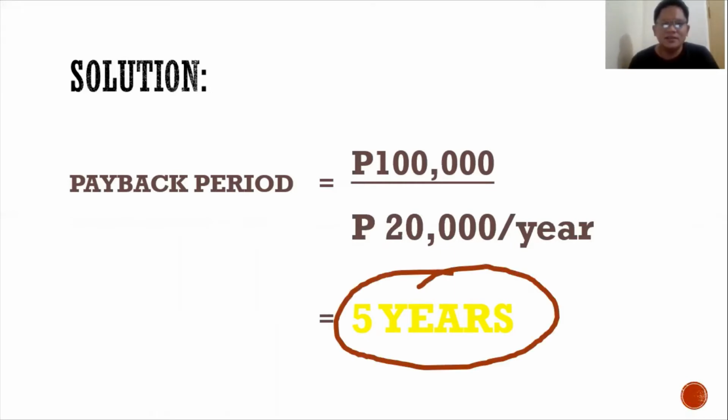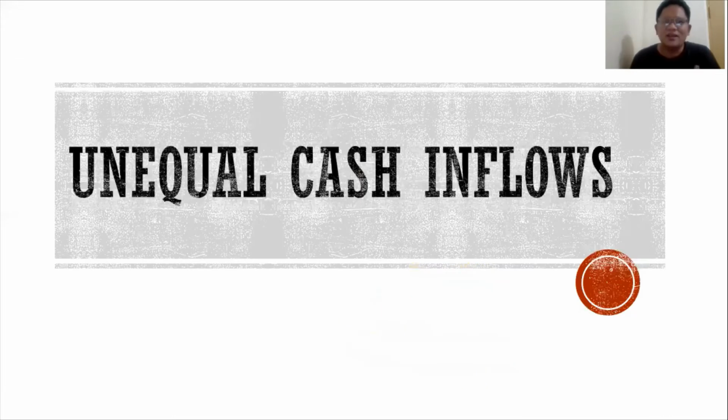So it takes 5 years to recover an investment worth 100,000 if its cash flow is 20,000 uniformly received every year. That's for equal cash flows.